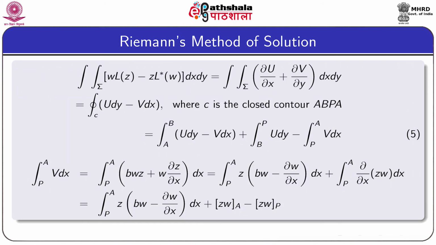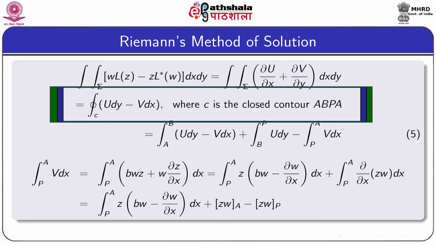Now, the double integration over sigma of (W Lz − z L*W) dx dy is equal to the double integration over sigma of (∂u/∂x + ∂v/∂y), because these two quantities are the same. This equals the integration of u dy − v dx using Green's theorem.